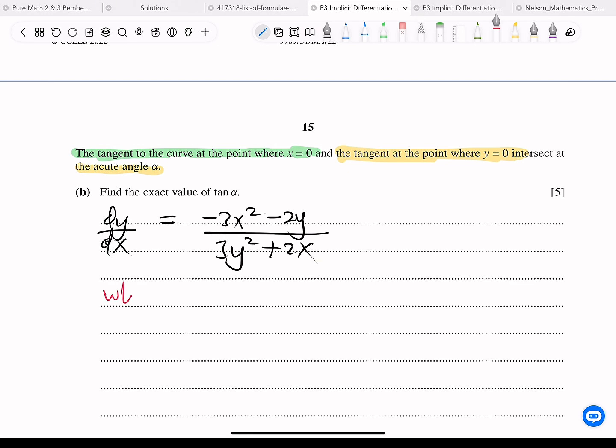So when x equal to 0, our dy/dx, or the tangent, is going to become negative 2y over 2x, right? Oh, no, x is 0, so 3y squared. And if we simplify our gradient function, we get negative 2 over 3y.